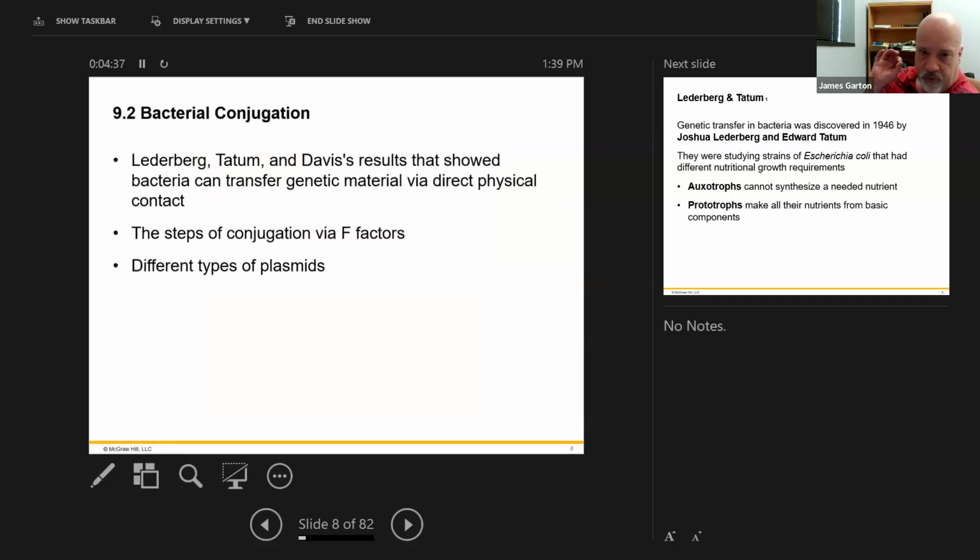Now, conjugation, research group Lederberg, Tatum, and Davis. Conjugation is direct transfer of genetic material via physical contact. And there is a type of plasmid. A plasmid is a tiny little piece of extra nuclear DNA that you usually find in bacteria.